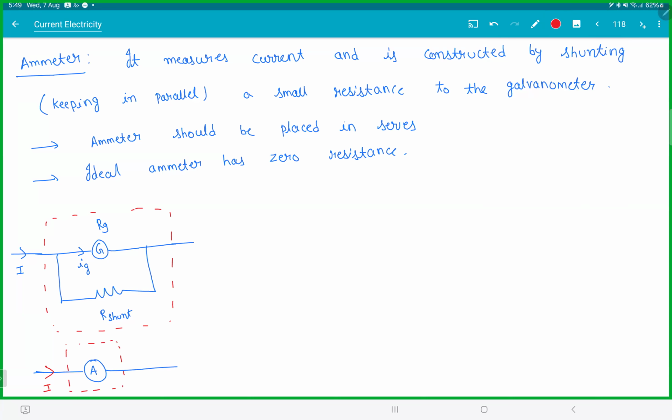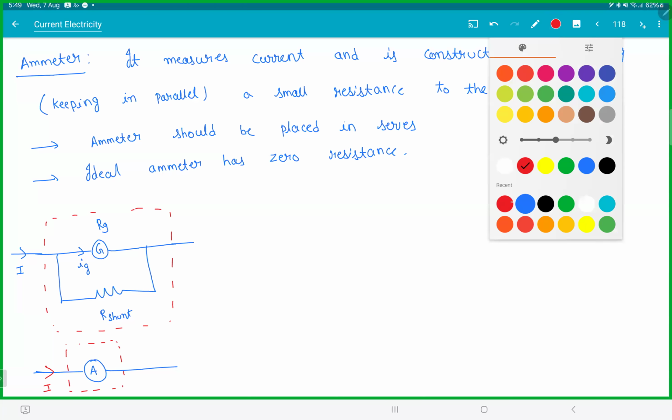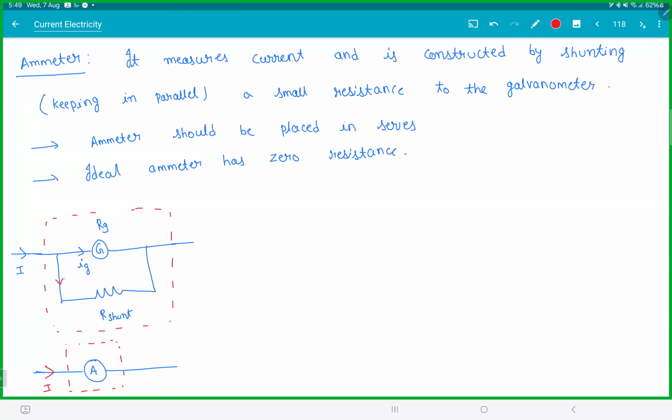Now look at this thing. Because they both are in parallel, we can clearly see the current here will be I minus Ig, and that is Ig. So Ig into RG must be (I minus Ig) into R shunt. If I rearrange the terms, I will get I is equal to Ig into (1 plus RG by R shunt).